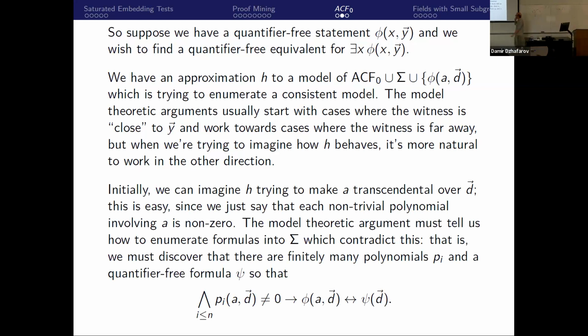The transcendental case is telling us, given phi, we can find this finite list of polynomials. It's more or less the polynomials that appear in phi. And if these are all non-zero, we have a quantifier-free equivalence. And that's the transcendental case. And if this doesn't happen, there's only finitely many of these, so we look at finitely many cases that look like this.